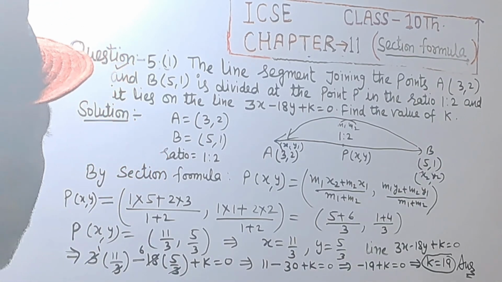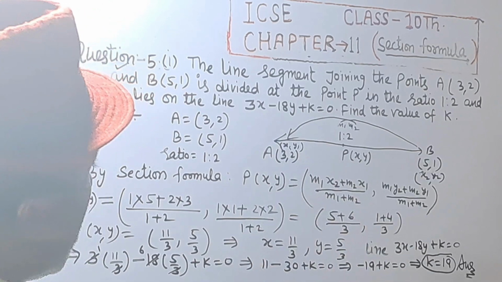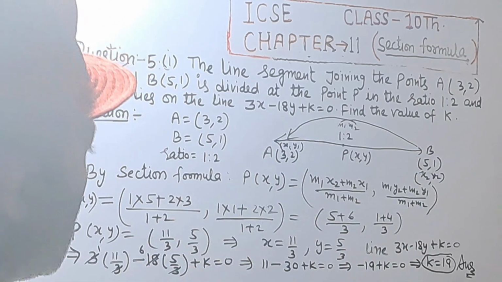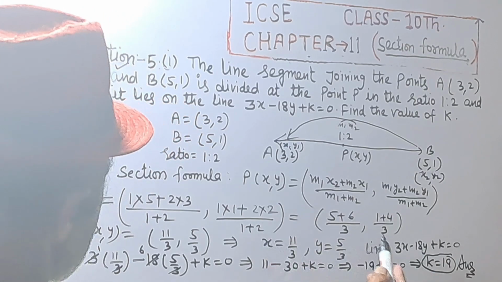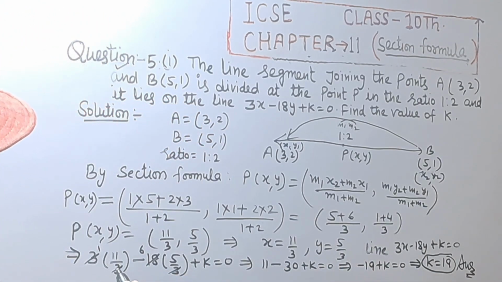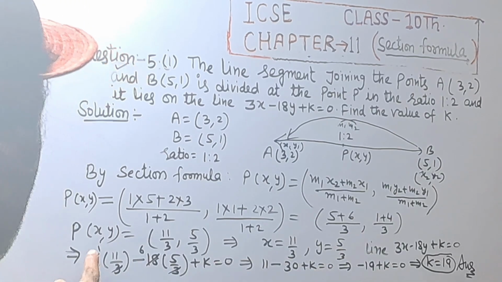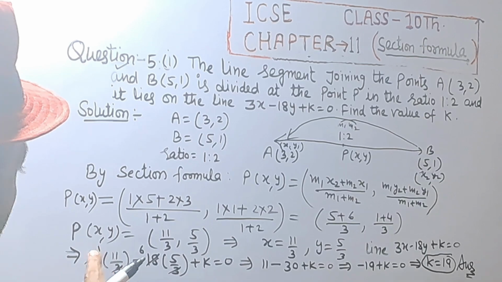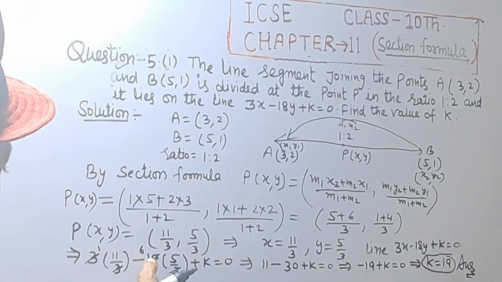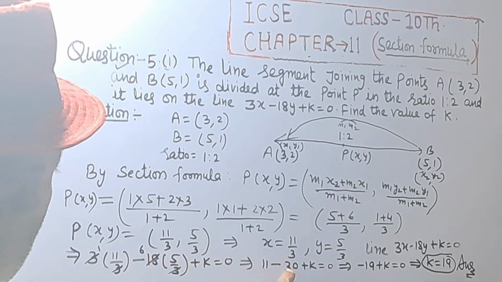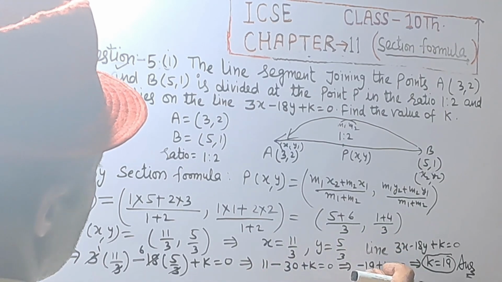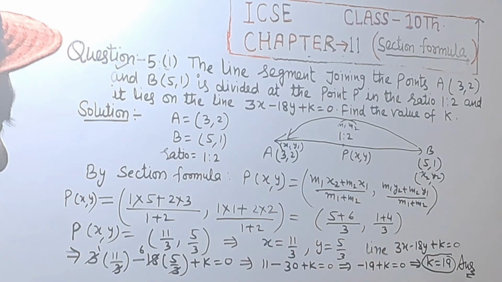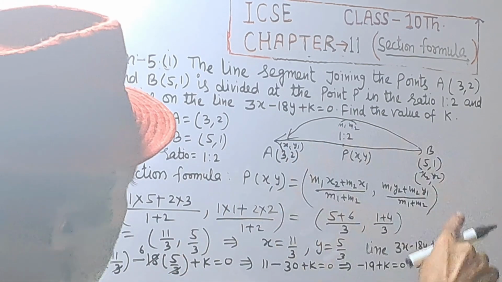So we get the value of x is equal to 11 upon 3 and y is equal to 5 upon 3. And given it lies on the line 3x minus 18y plus k is equal to 0, we put x and y in this line, that is 3 into 11 upon 3 minus 18 into 5 upon 3 plus k equal to 0. 3 is cancelled and we get 11, and 3 6s are 18, 6 5s are 30, minus 30 plus 11 is equal to minus 19 plus k is equal to 0, which implies the value of k is equal to positive 19.